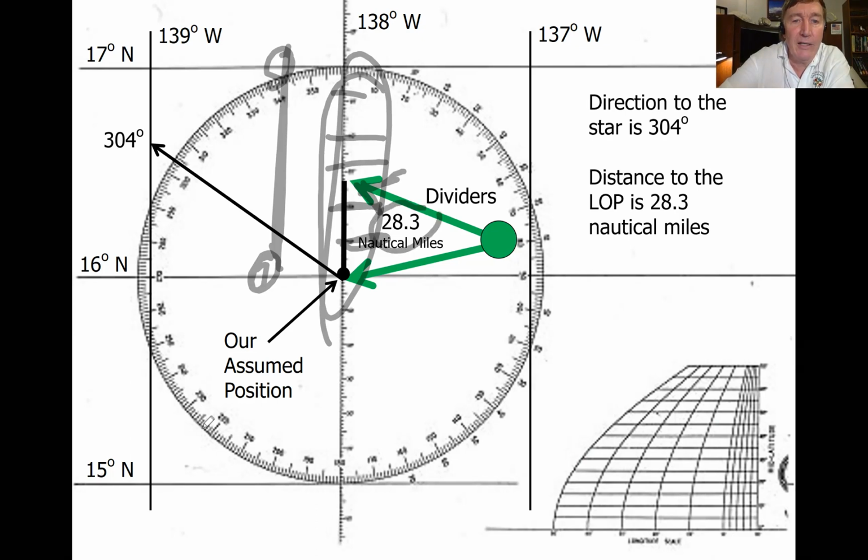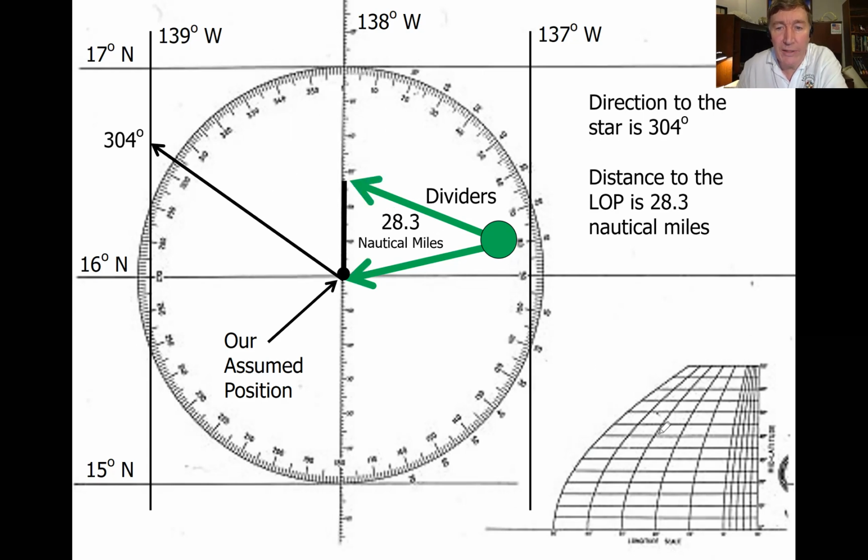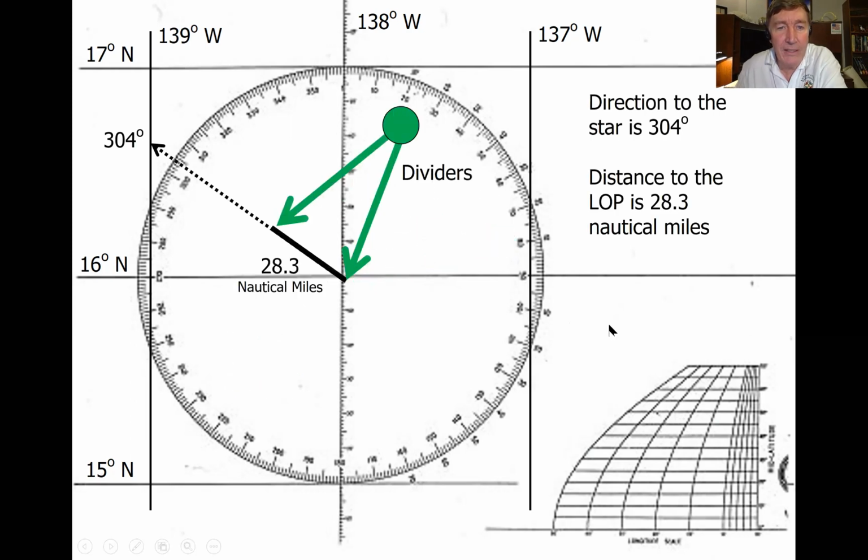get it as best you can at 28.3. Then our dividers will tell us that this distance from here to here corresponds to 28.3 nautical miles. Once we know that, we can swing the dividers down like this, and bingo, that is 28.3 nautical miles.